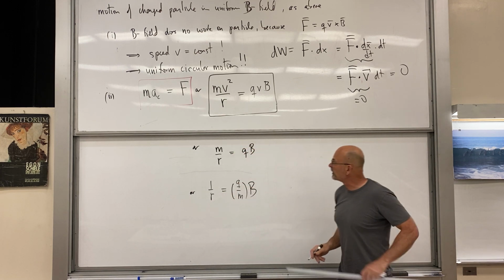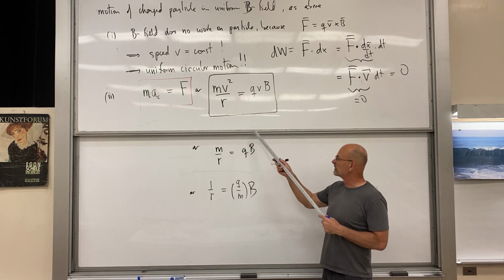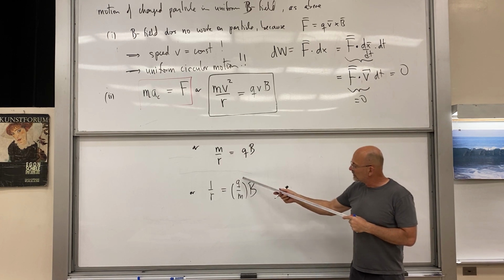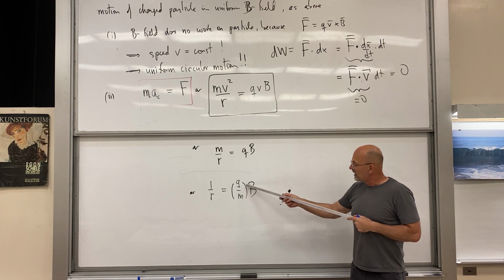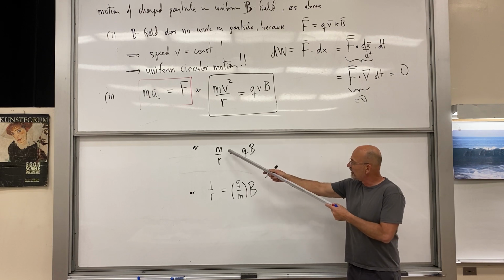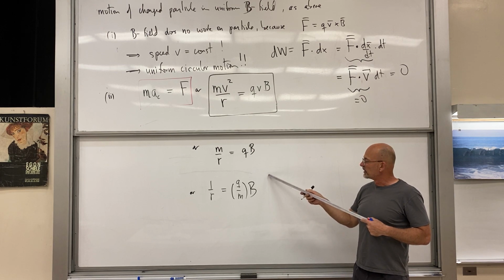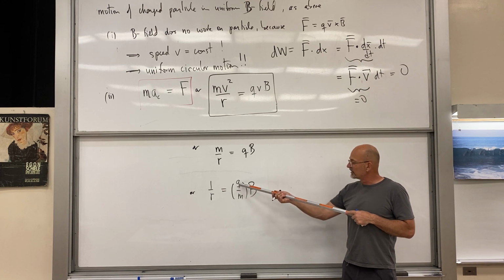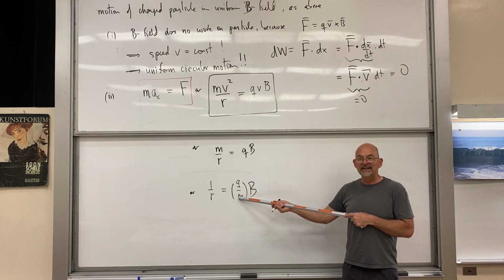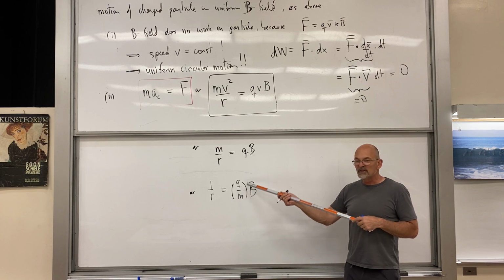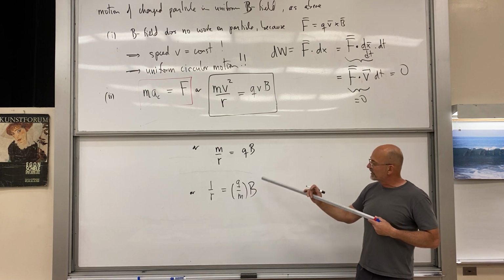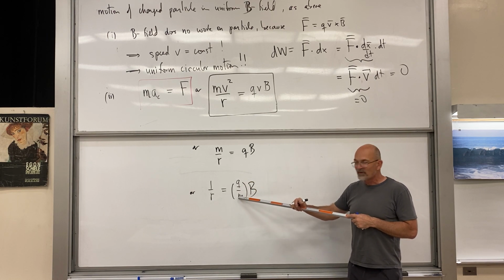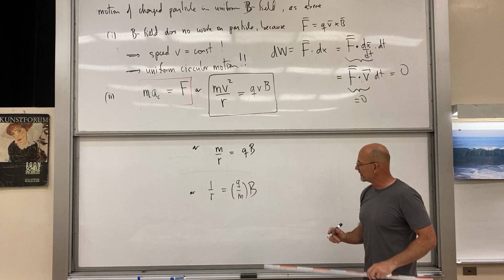Important point in all of this, once you have one of these formulas, you have it. So if you remember this, you can always get this. What's important here is that this charge divided by mass always shows up as a ratio. So these electromagnetic formulas that we now have don't allow us to discover the charge or the mass independently. So there was a bit of doing in the historical development to actually find Q and M individually, because Q over M is what always comes out.